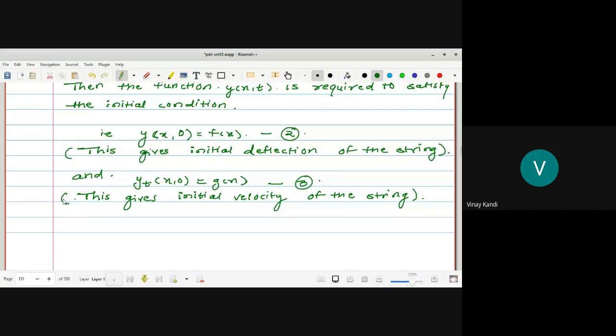Okay, so our aim is to find the solution of the second order partial differential equation which satisfies both these conditions, equation number 2 and equation number 3.